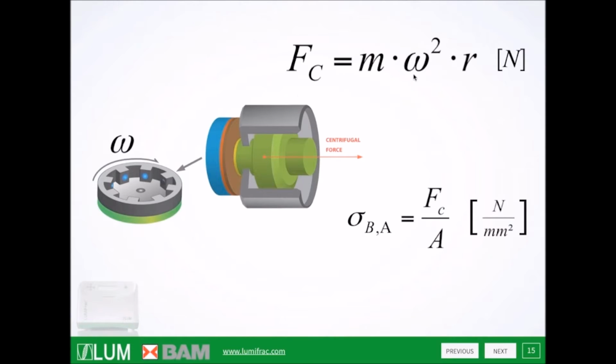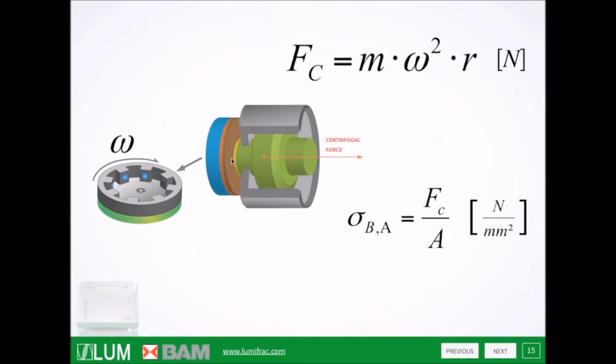We know from physics that based on the angular velocity, the distance r of the center of mass from the center of rotation, and the mass of the system, you can calculate the centrifugal force. What is interesting and important is that the centrifugal force is always directed along the radius, so we prevent any shear force in addition to the normal force.